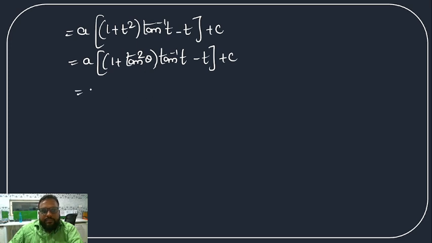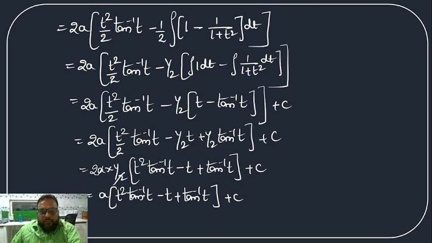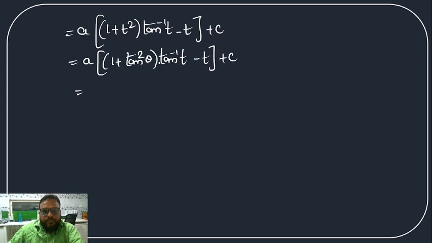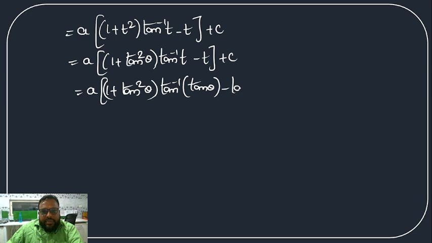Now next step, further simplification of this part: wherever we have t, we will substitute those values as we substituted here. So this becomes a into 1 plus tan square theta into tan inverse of tan theta minus tan theta plus c.